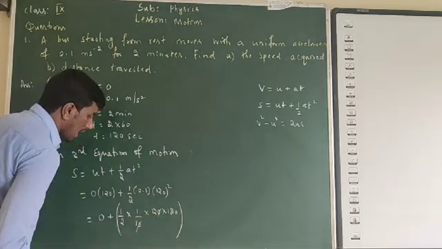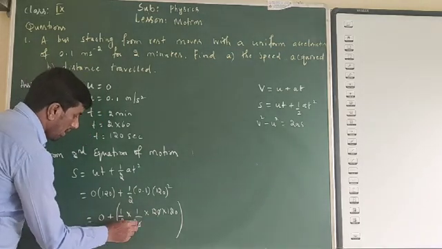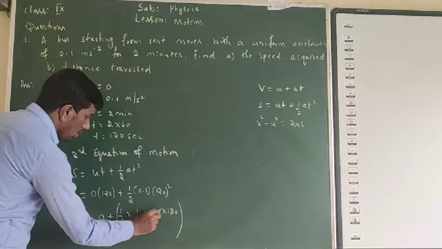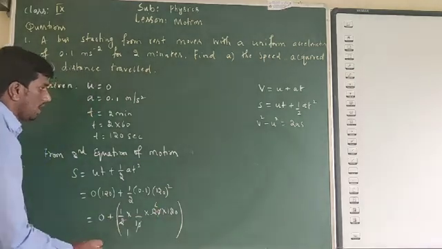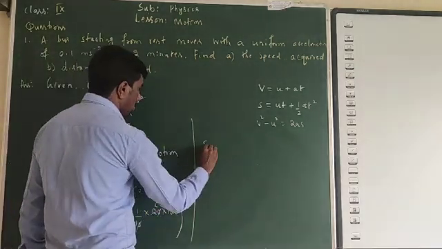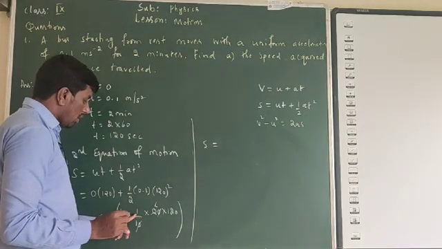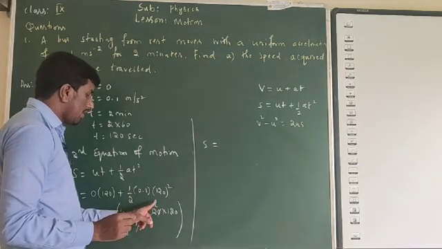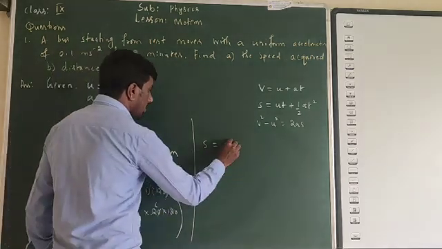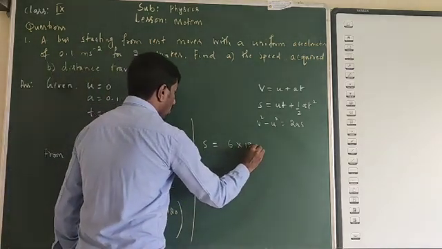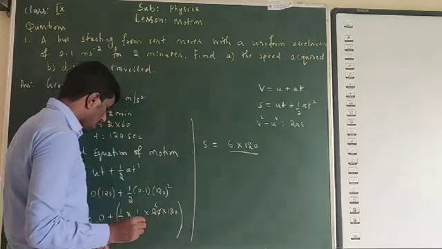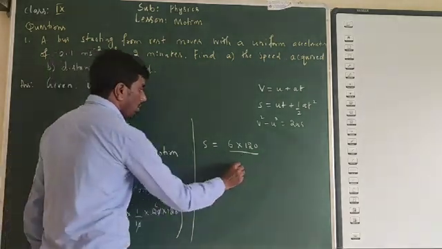Now we will simplify this. The 0s will get cancelled. So what is remaining? 12 here. So s is equal to 1 into 1 into 6 into 120, divided by the denominator, 1 into 1 is 1.